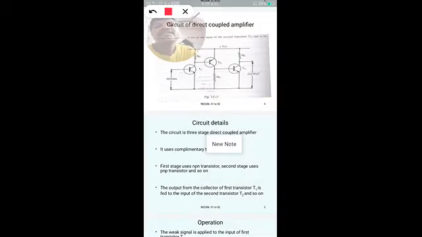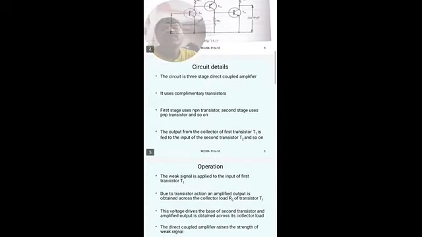Similarly, the DC output resistance of the second stage reaches the base of the third stage. So that is going to alter the operating point.